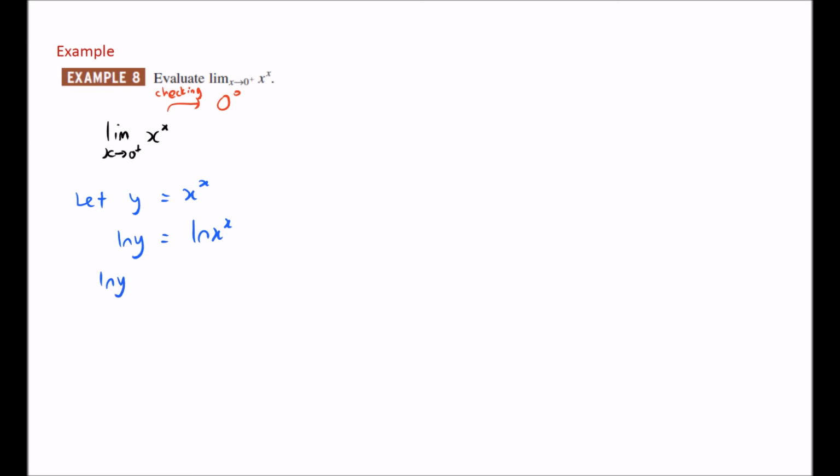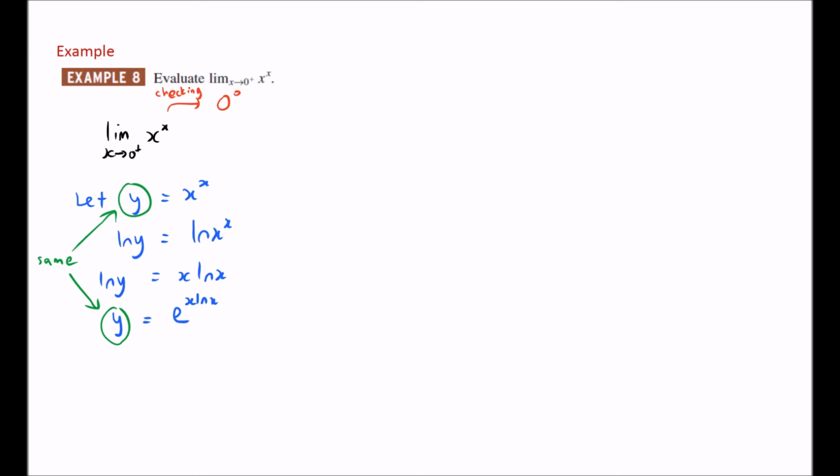On the left, ln y, and you bring down the power on the right side, so ln y equals x ln x. You observe that these two are the same, because this is y and this is also y.